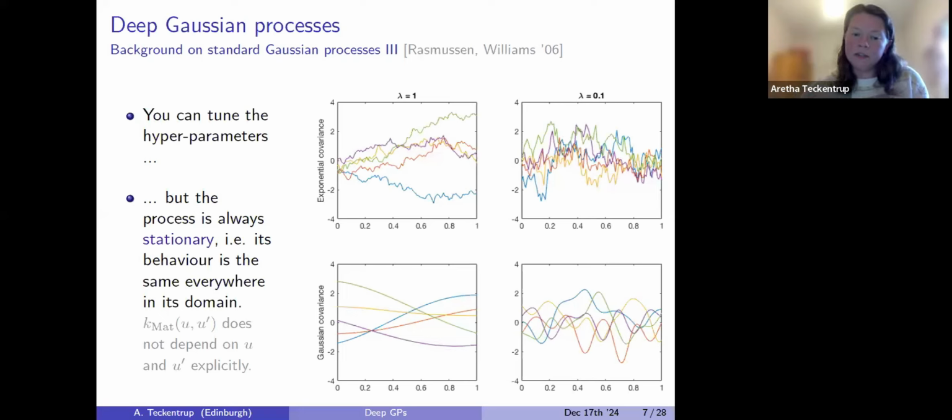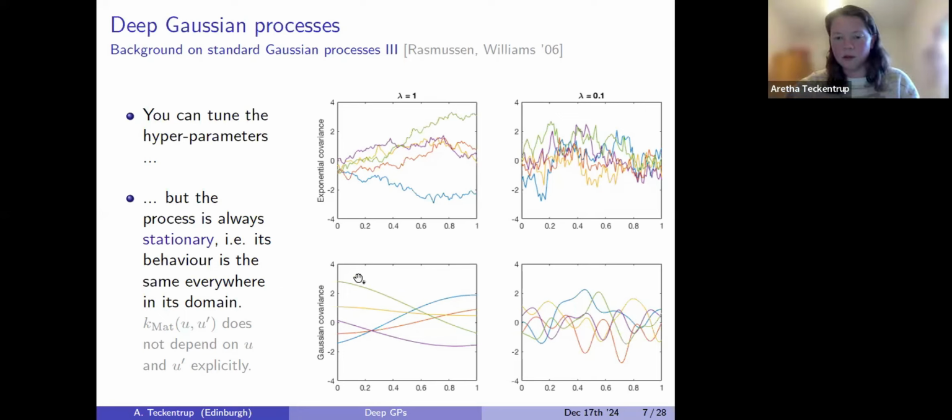One big drawback is that it is a stationary covariance function. Mathematically, that means that the covariance kernel only depends on the distance. It doesn't depend on u and u prime explicitly. So that's the mathematical definition. Intuitively, you can think of it as the behavior being the same everywhere in the domain, right?